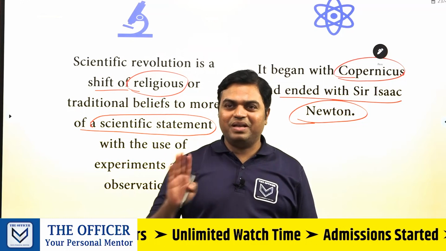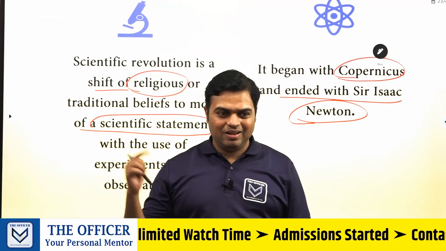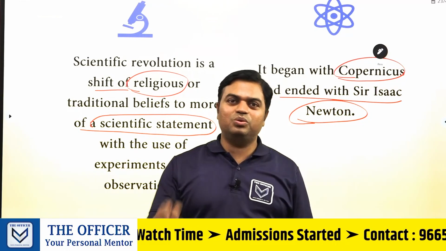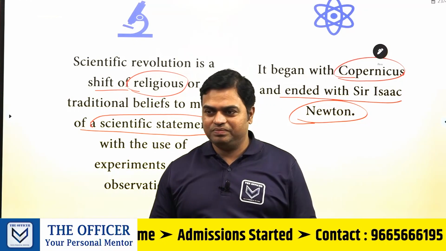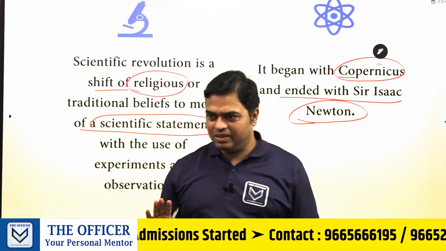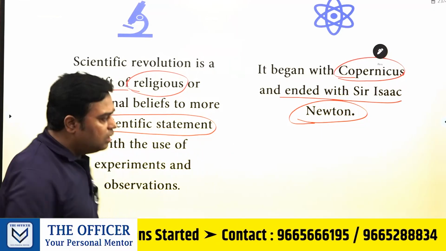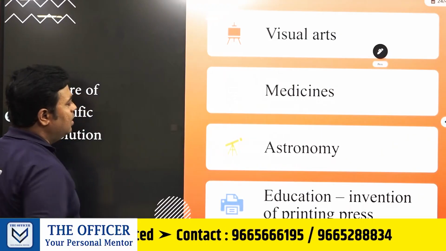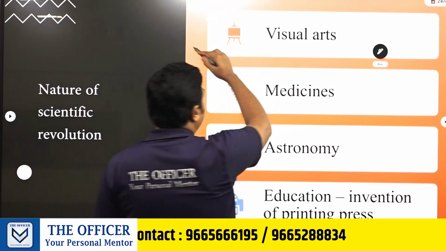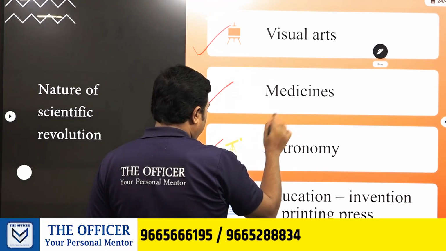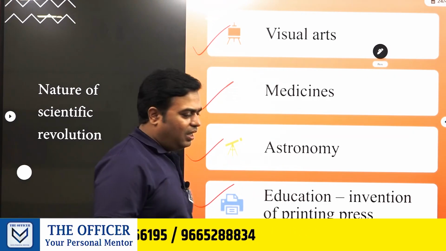And this middle class became possible because of the commercial revolution. So the commercial revolution led to the scientific revolution through the middle class. Now, this scientific revolution happened in visual art, medicine, astronomy, education, everywhere.